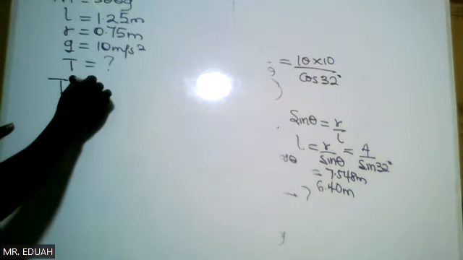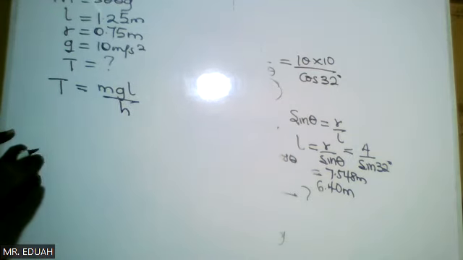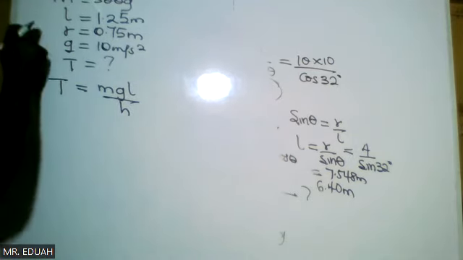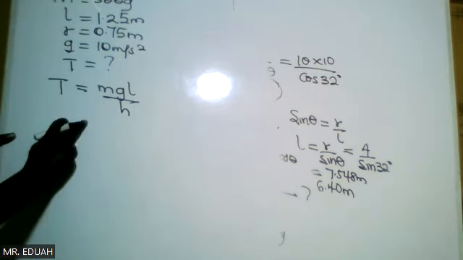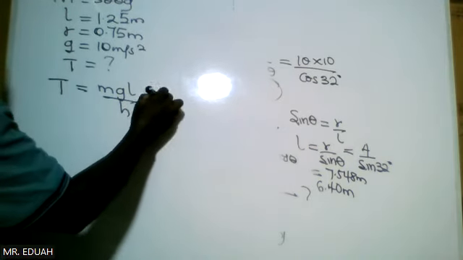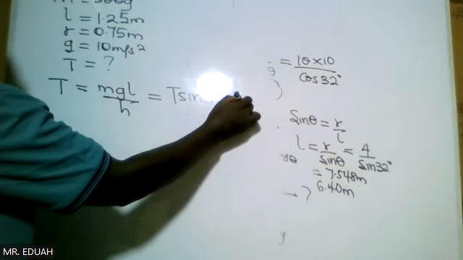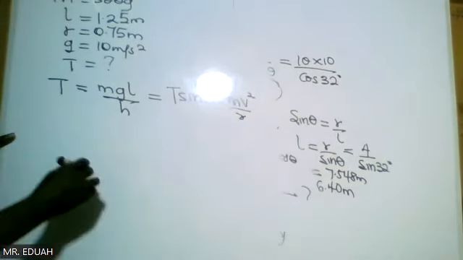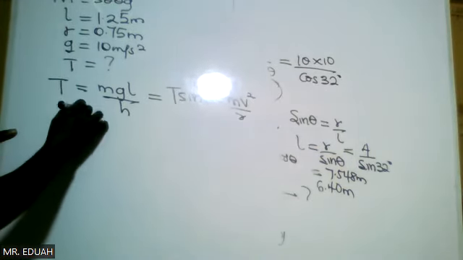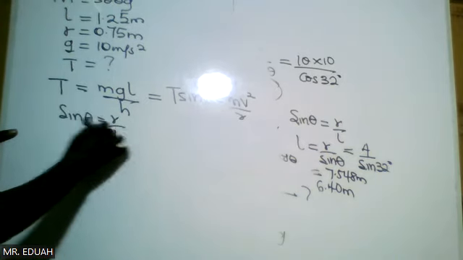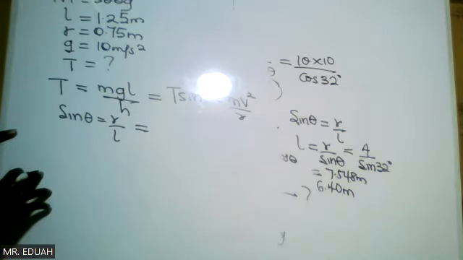Tension is equal to MGL on H. Once we have L and R, we can find H. The same tension, T sine theta, is equal to MV squared on R. Using sine theta is equal to R on L, we have R, we have L, we can find theta and use this to find the tension.